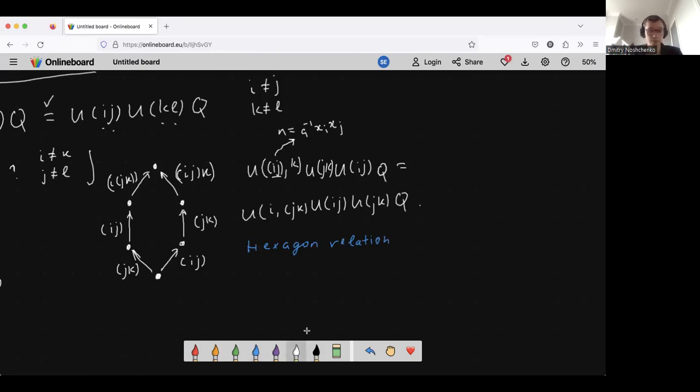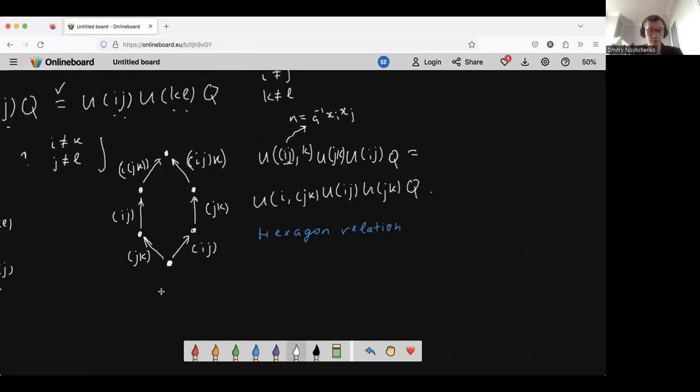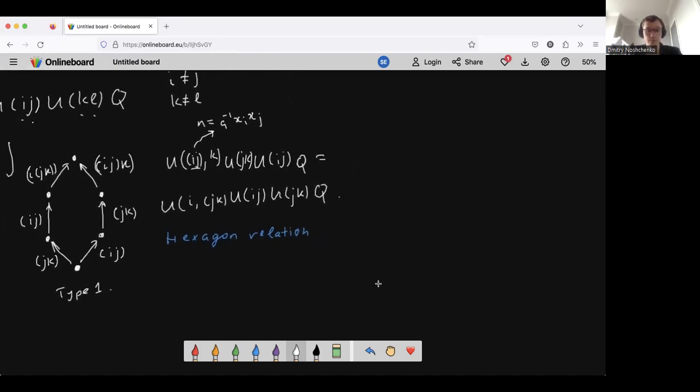And one can also write the second type. So this is type 1. And type 2 would be very similar, but with a slightly different order of operations. So type 2 would be the following. We apply, so the start is the same. So we have ij, jk here. But now we invert the ordering of these two operations.